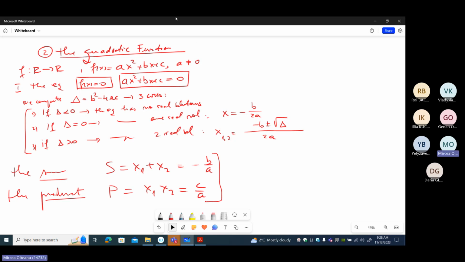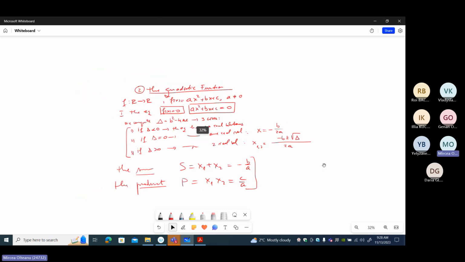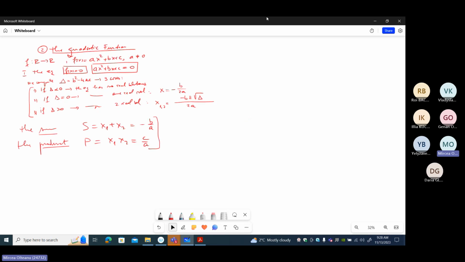Okay, this is the equation. We shall come back and see some examples immediately. The second question was about the sign. Remember. Again, here we start by computing the discriminant, and according to it, we have three cases.